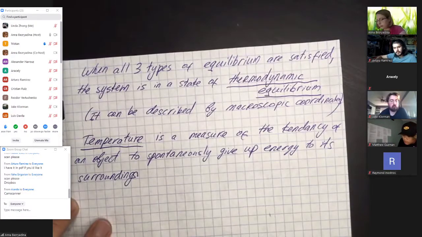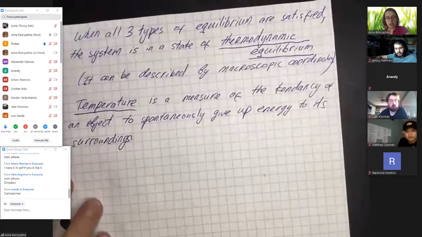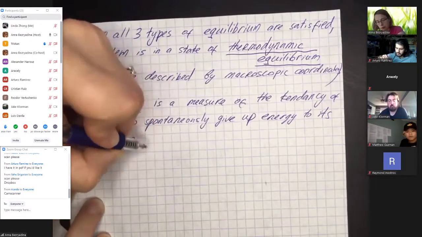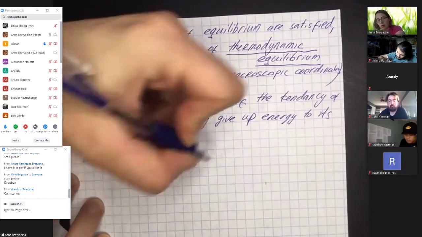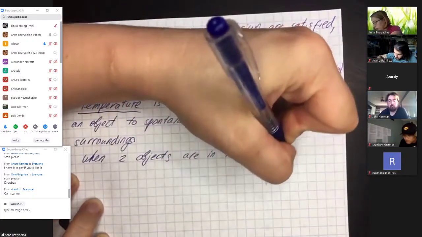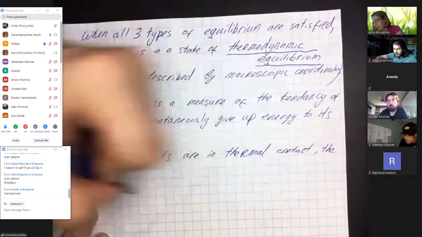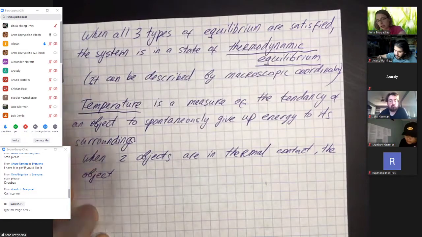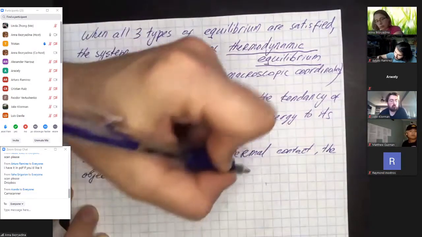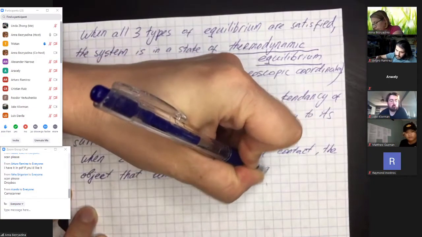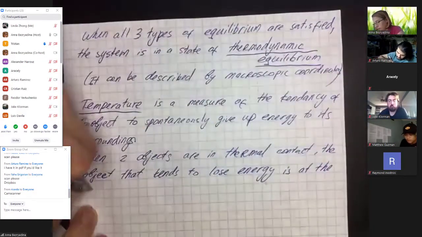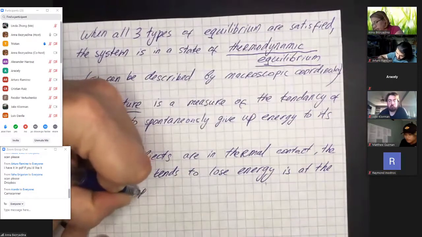When two objects are in thermal contact, the object that tends to lose energy is at the higher temperature.